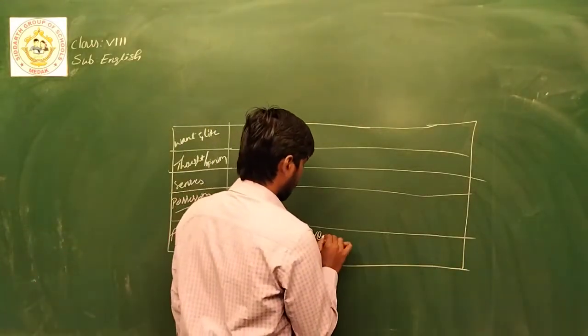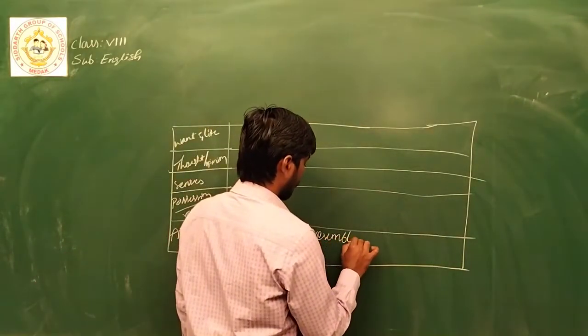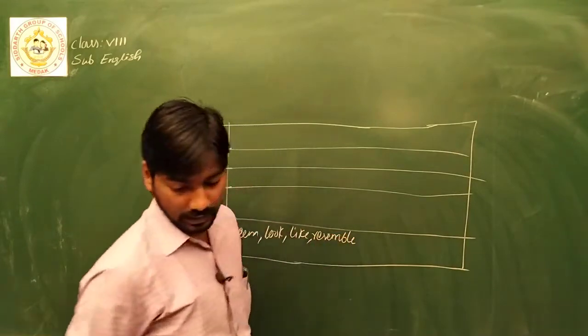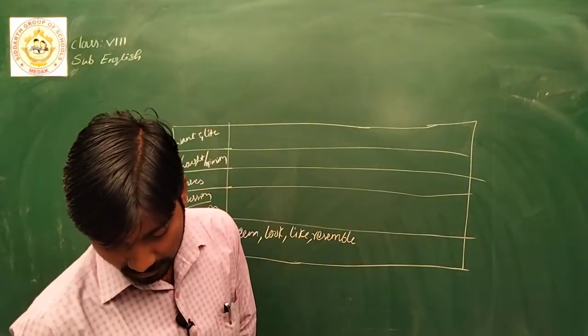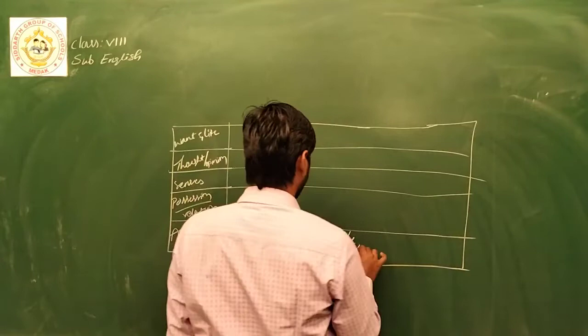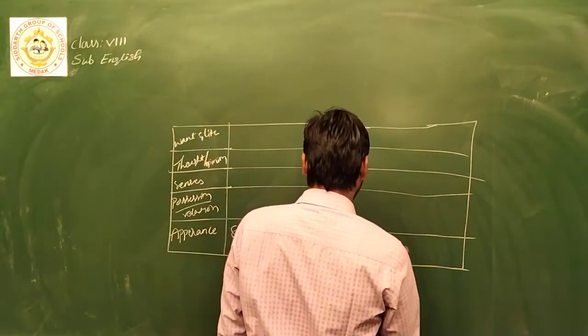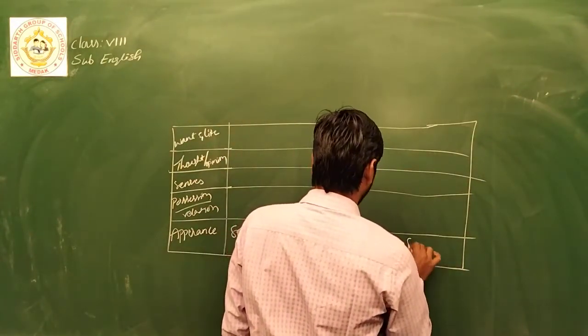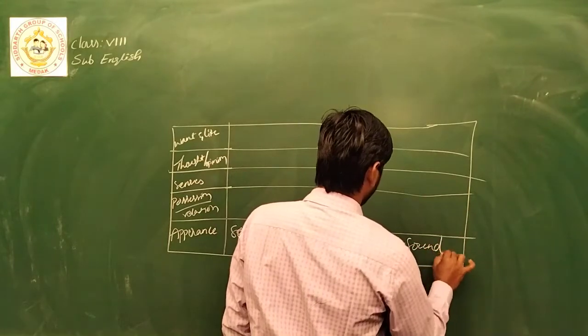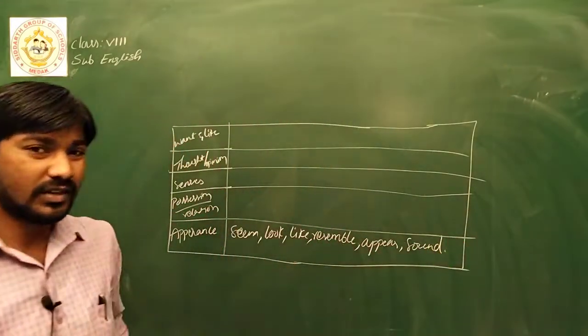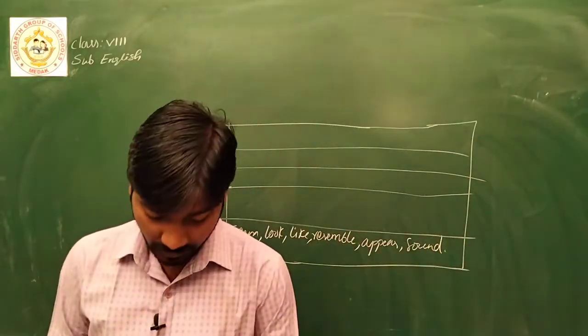Resemble means similar. Next, appear, sound. So these are the words which talk about states in appearance.